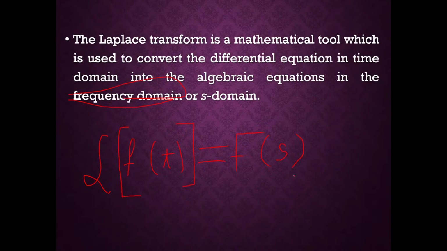If we determine the Laplace of f of t, where f is a function of time, then it can be converted into a function of frequency domain by taking the Laplace.